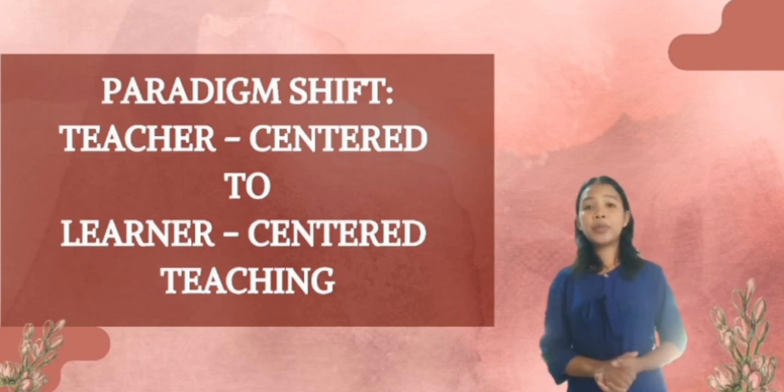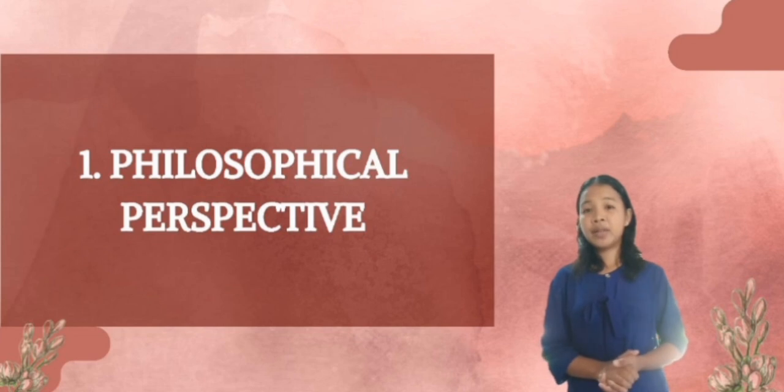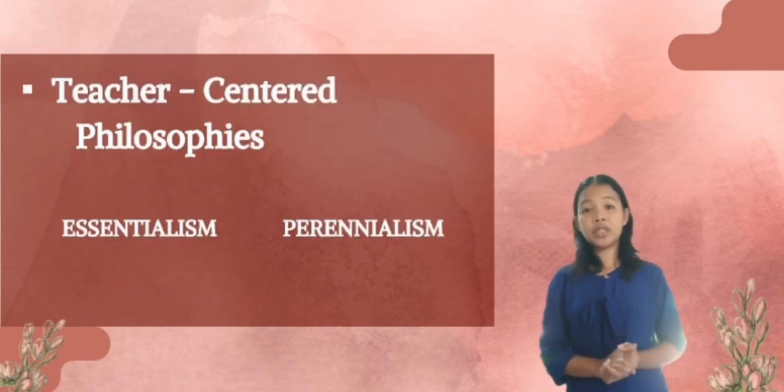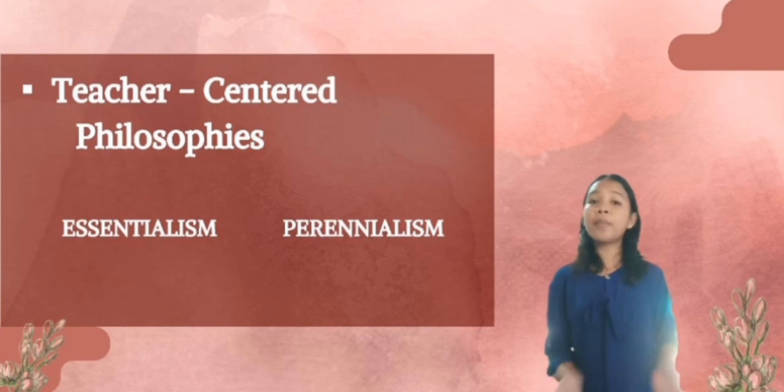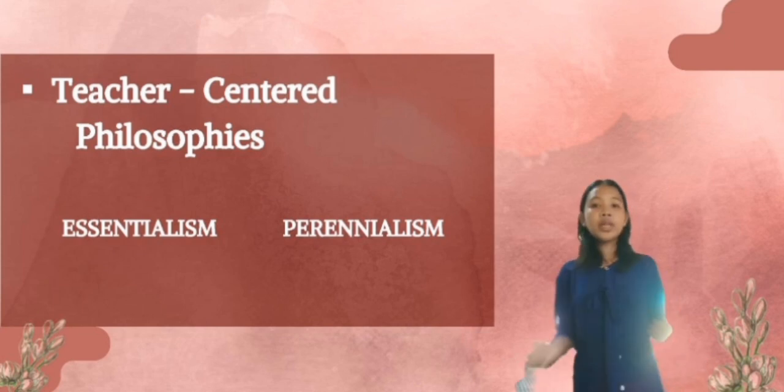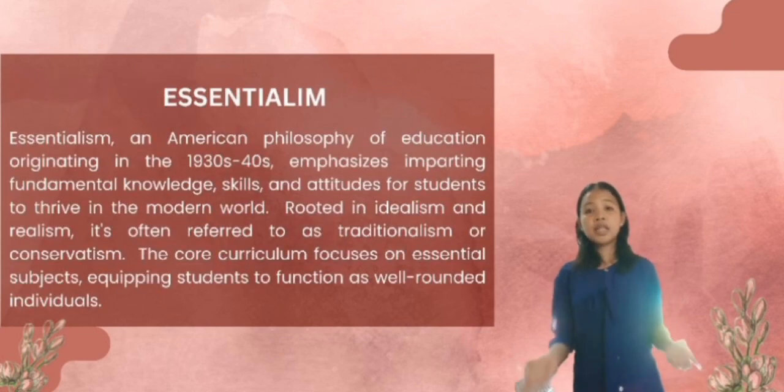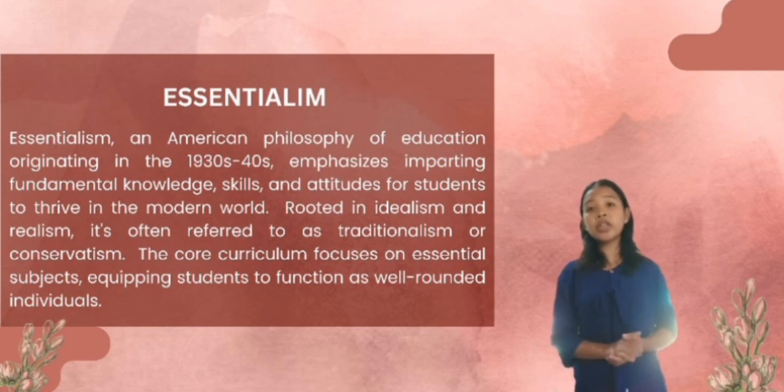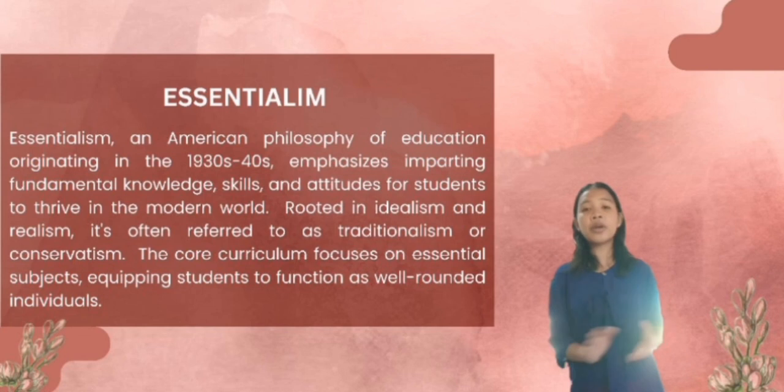So let's talk about the philosophical perspective. Under the philosophical perspective, we have the teacher-centered philosophies, which are essentialism and perennialism. What is essentialism? Essentialism is an American philosophy of education which began in the 1930s and 1940s and was introduced by William Bagley. The two origins of essentialism are idealism and realism.